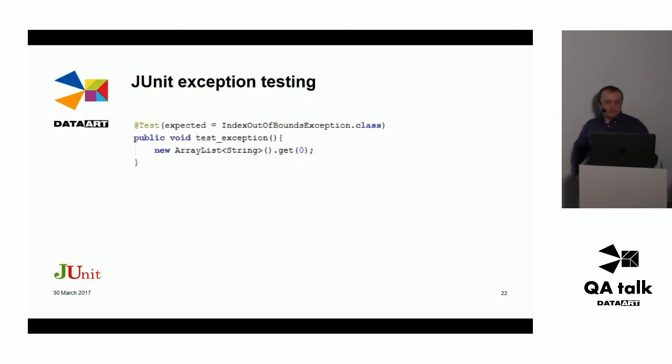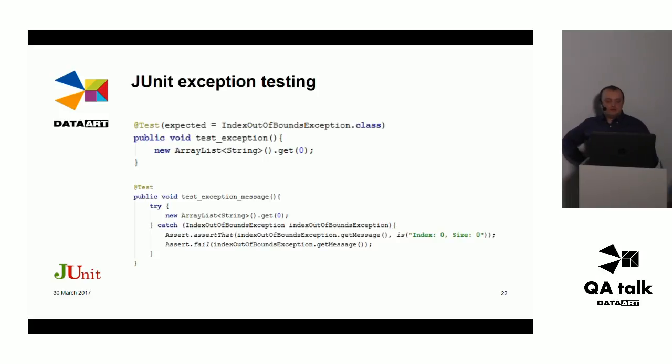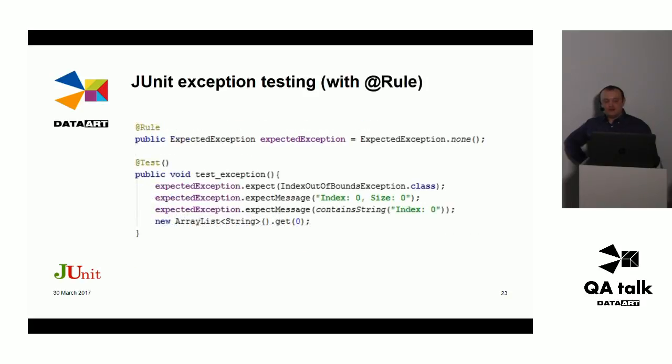Exception testing. In JUnit, there are a few variants. You can check an exception. To check the exception message, you can, for example, use try catch, or you can use a rule. As I know, in JUnit 5 it is more flexible than it was.